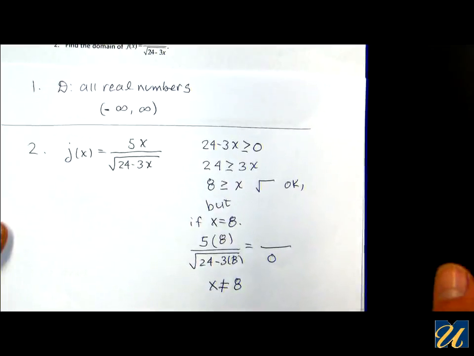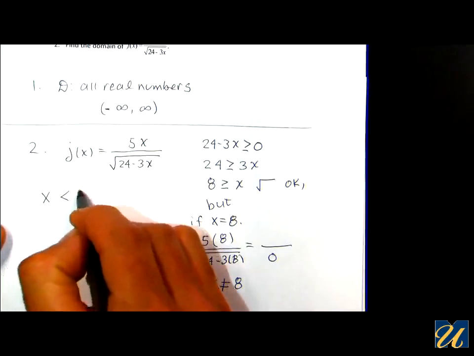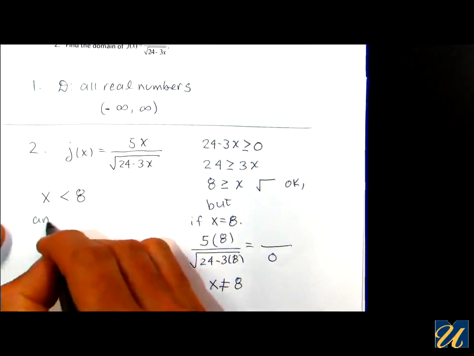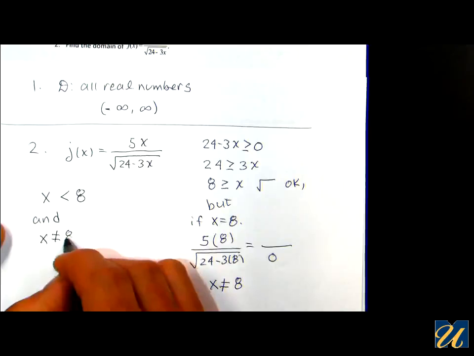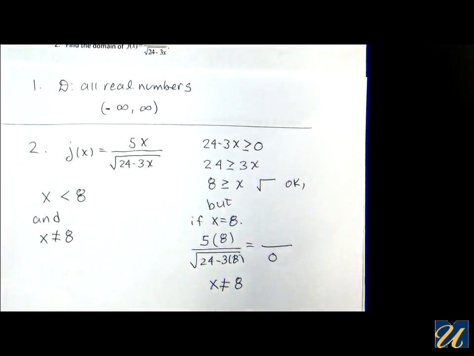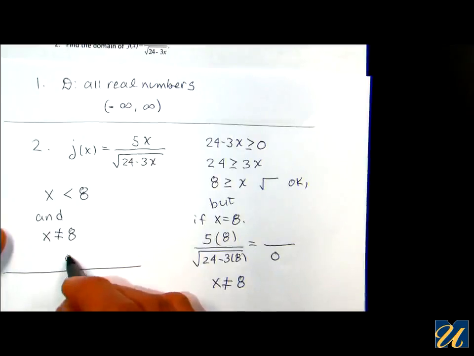So we have two issues here. x must be smaller than 8, and separate issue, x cannot equal 8. Okay, so how do we quote this then? Draw a number line. There's 8, and we cannot have 8.